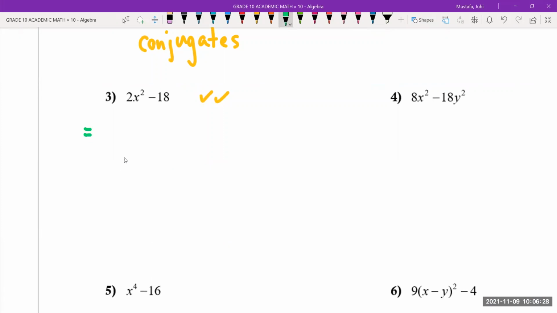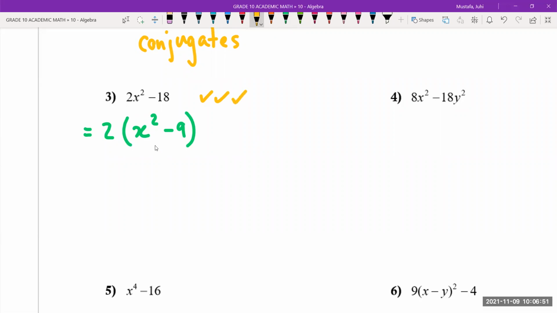Greatest common factor? Yeah, we can actually take out a greatest common factor. What is the greatest common factor in this question? Good. So I'm going to factor out a 2, and I'm going to be left with x squared minus 9. And now, are both of the numbers perfect squares?